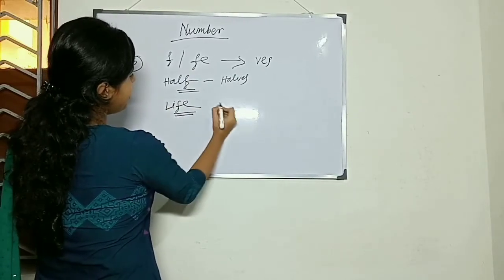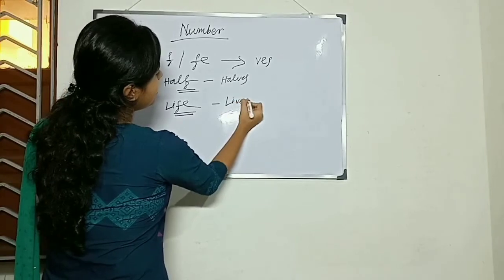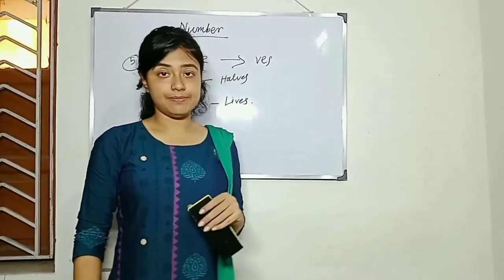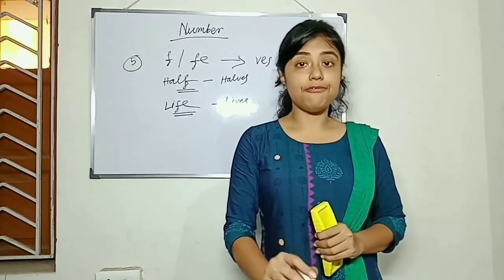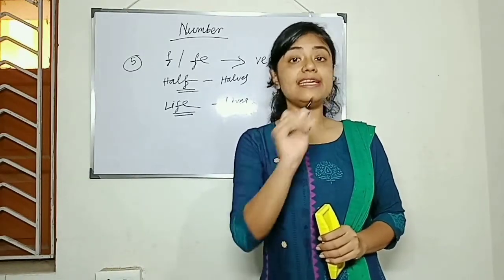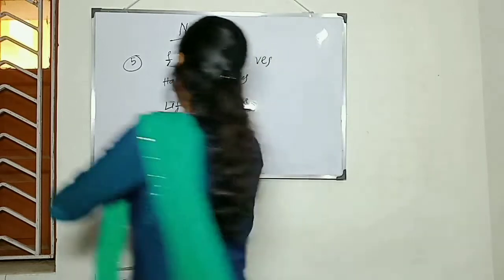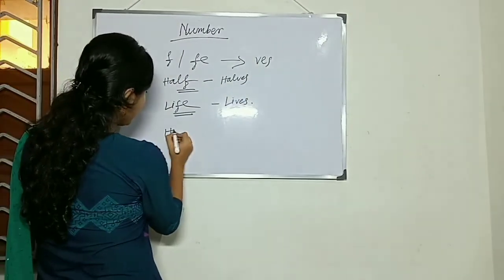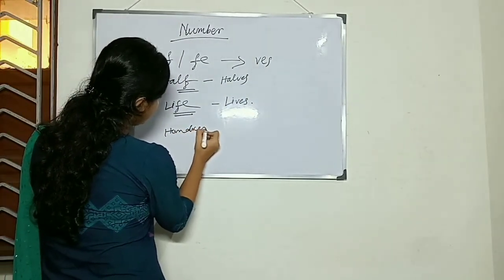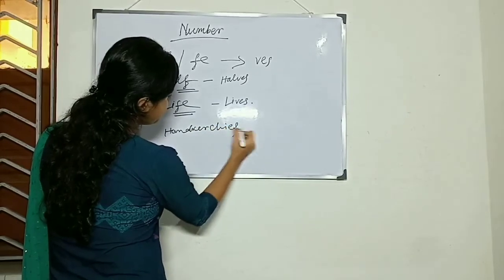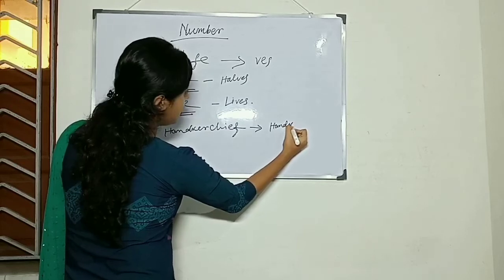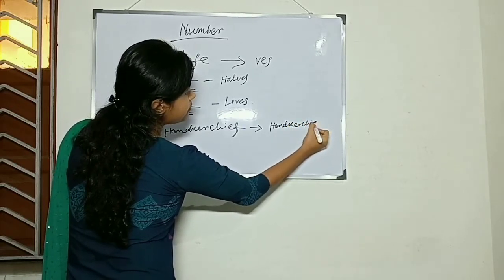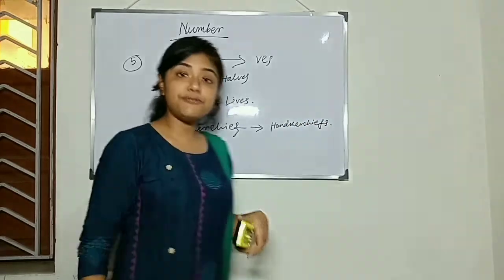Ends in FE will become lives. Some nouns, even if they end in F, only add S in the plural forms. For example, handkerchief. This will become handkerchiefs.